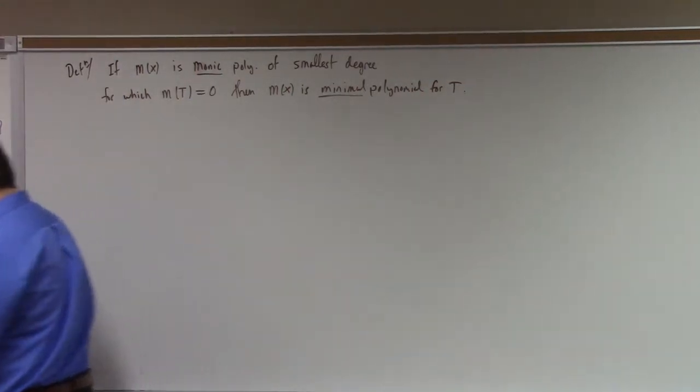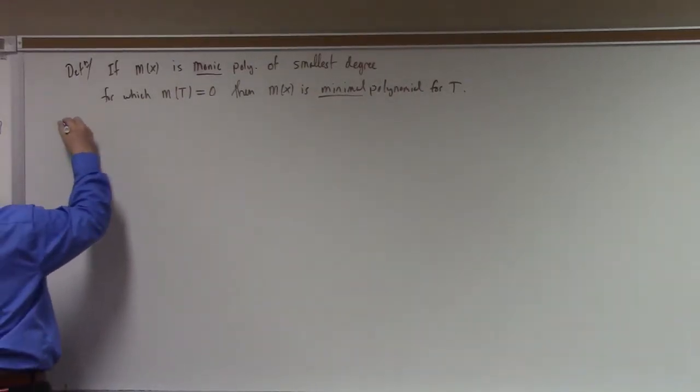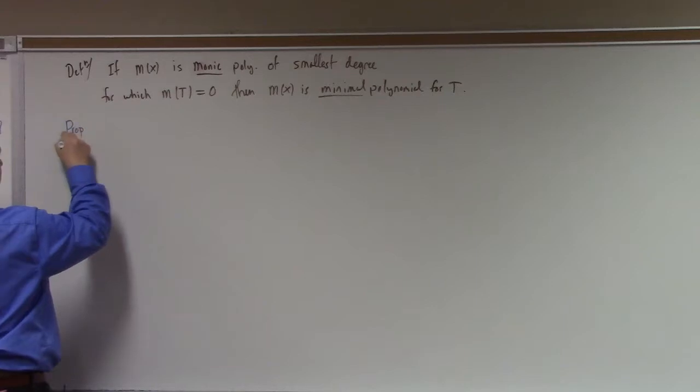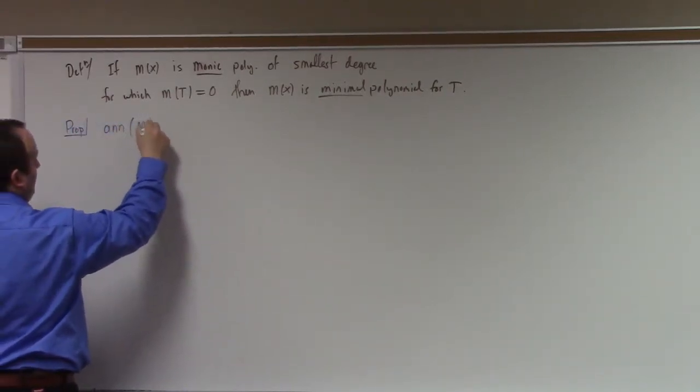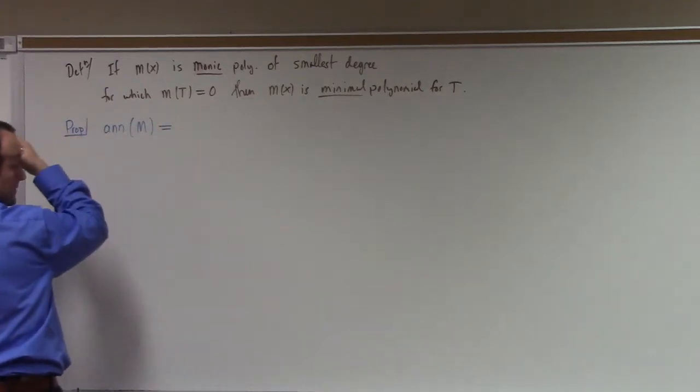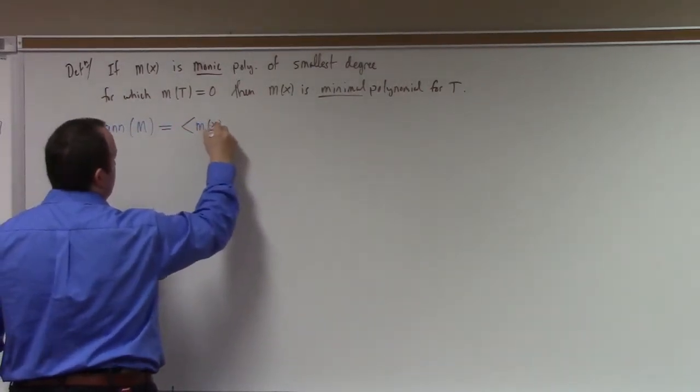And the thing we just worked through proves a proposition: the annihilator of M is the principal ideal generated by M of x.